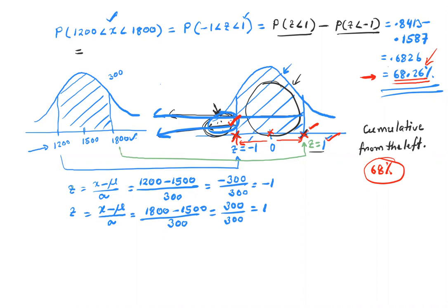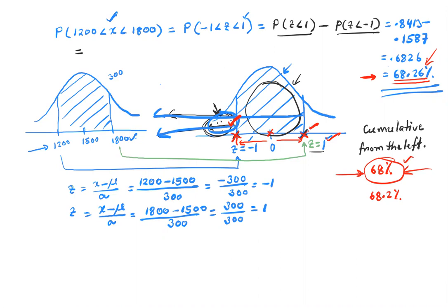I even said that it's roughly about 68.2%. But for the sake of simplicity, I just said it is 68%. That's about it. So that's where it comes from. Now you know where this number comes from, 68%, or to be more precise, 68.26%.